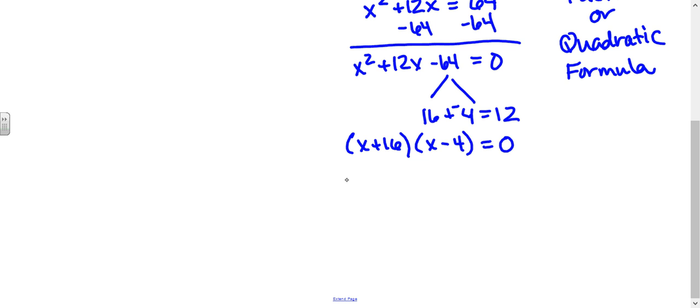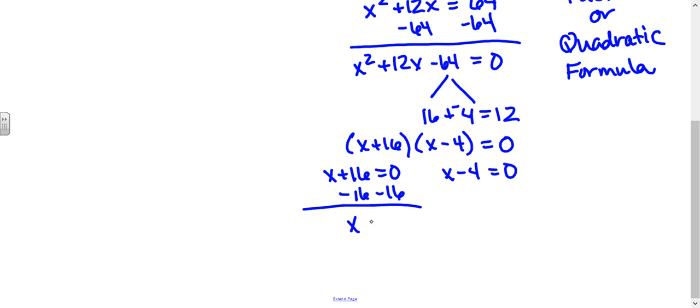So either x plus 16 has to equal 0, or x minus 4 has to equal 0 in order for this to be possible. So I'm going to solve each of these. So for the first one, I get x equals negative 16. And for the second one, I get x equals 4.